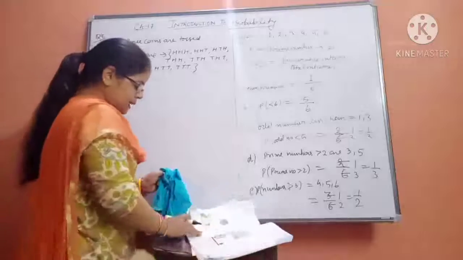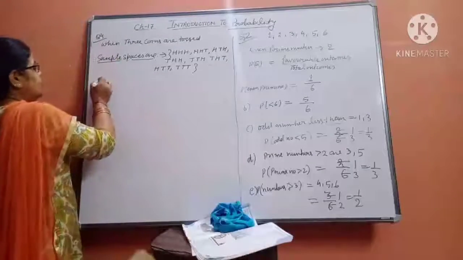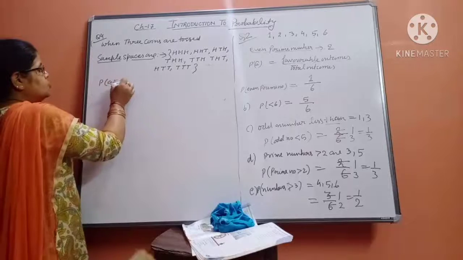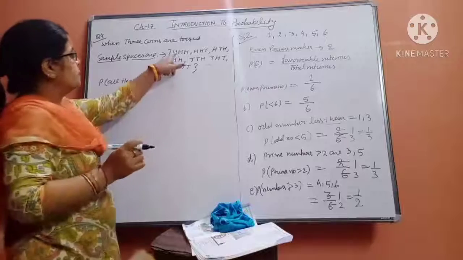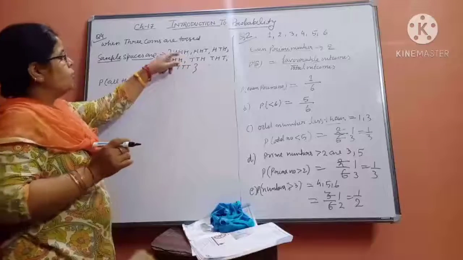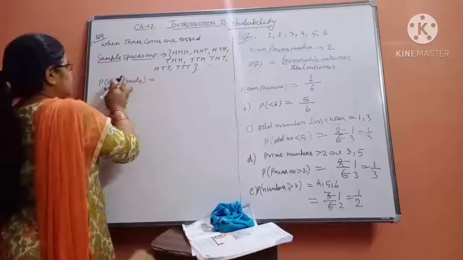Probability of all heads. So in how many chances are all heads? You can see that only one chance is there for all heads. First of all, write the formula for that.